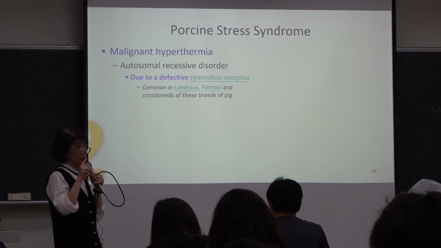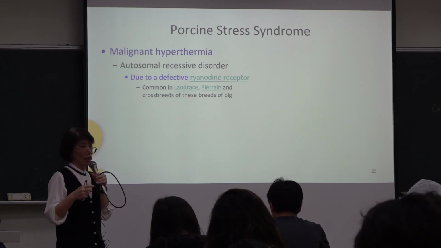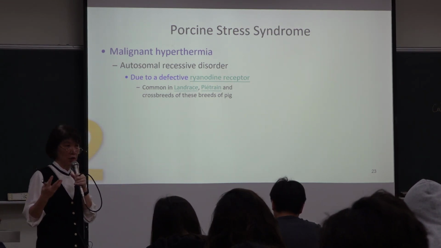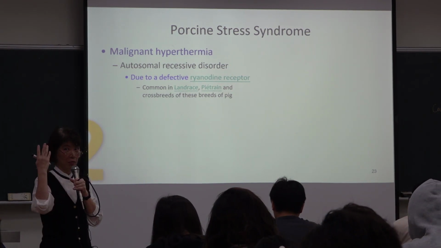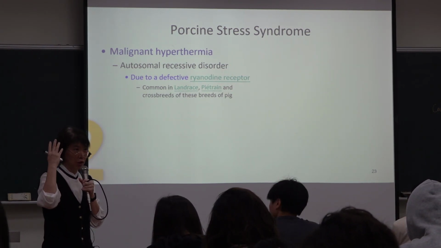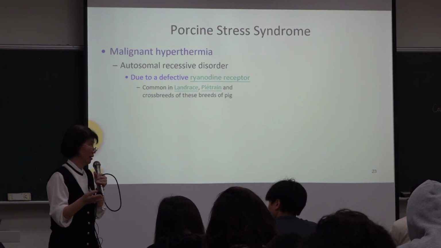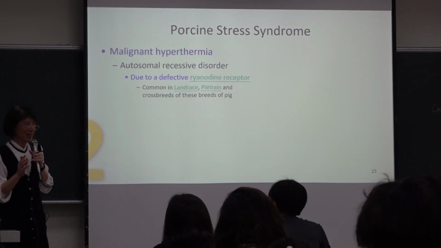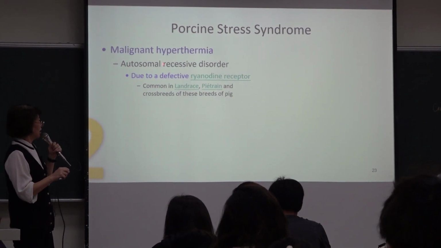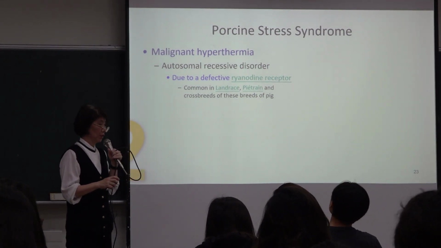这个我们叫恶性高热，恶性高热。Because of the stress, it caused the pig to raise their body temperature till too high, so the pigs died. Right, sudden death, 猝死, huh? And it's a genetic recessive disorder, okay?